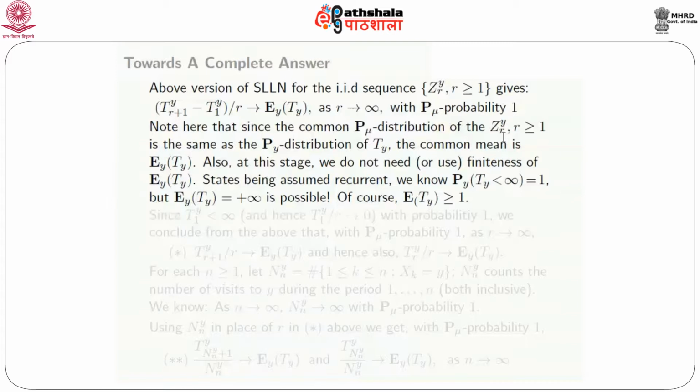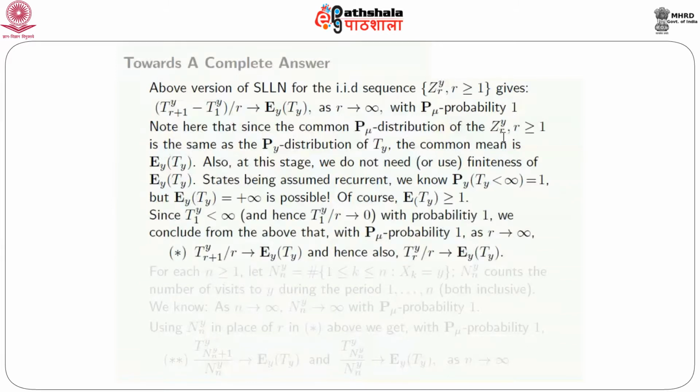Now, notice that we have left out z0y, which is why we got tr plus 1y minus t1y over r. That converges to a certain limit. But since t1y is finite with probability 1, therefore t1y by r itself would have to go to 0 with probability 1.